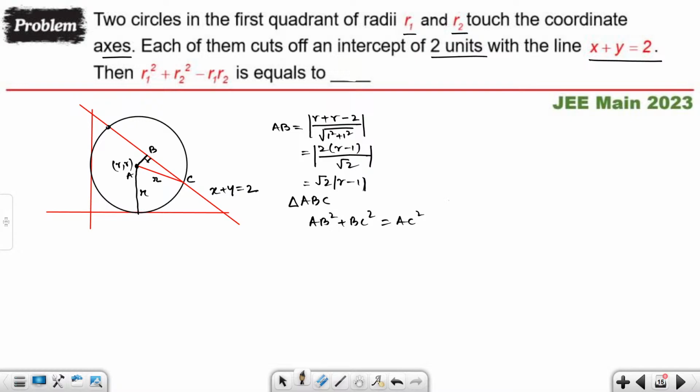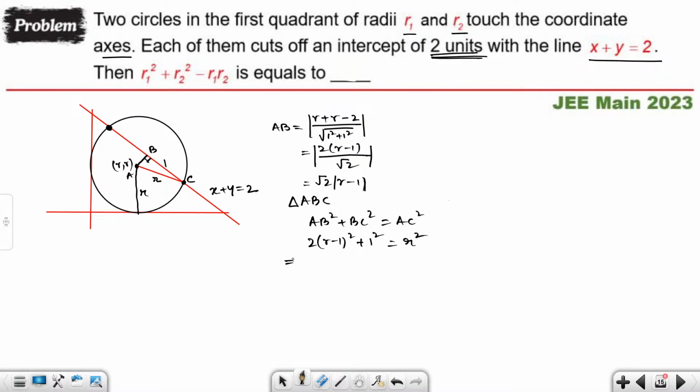They have already given in the question that this distance is 2 units. So when we drop a perpendicular from the origin on this line, your BC length will be 1. So AB square, which is 2r minus 1 whole square, plus BC square is 1 square, and AC is nothing but the radius, which is r square.